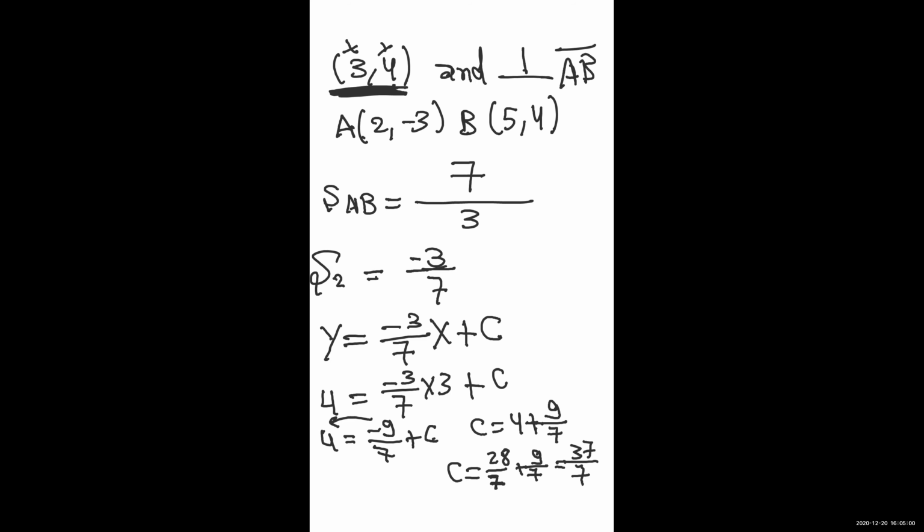Now the equation: y will equal negative 3 over 7 x plus c, and c is 37 over 7. Is it clear, guys? Yes. Okay, great. Any questions till now? No. Okay, great. The next question.